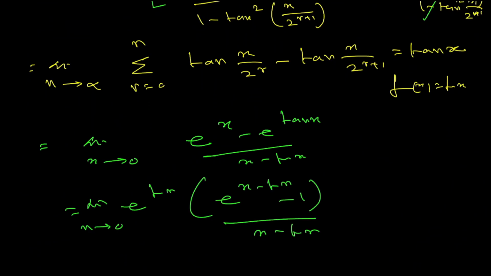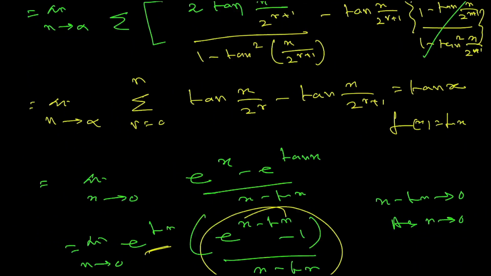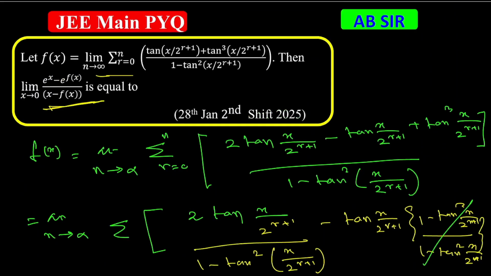We are getting x minus tan x also tends to 0 as x tends to 0. So I can write here, this portion is coming to be 1 and e to the power 0 means 1. Final answer is coming to be 1.